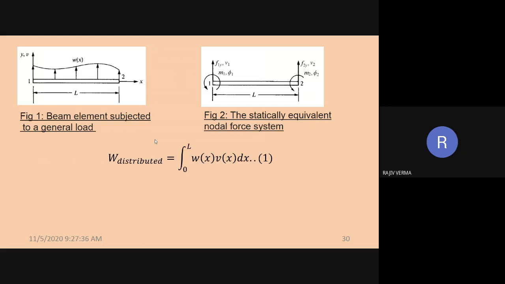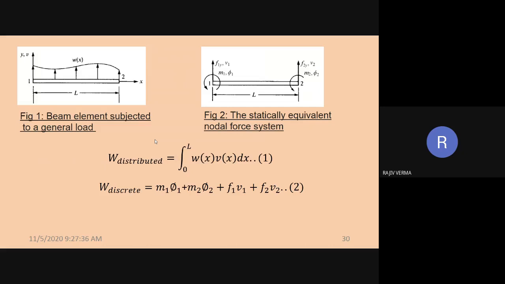But for finding the discrete work, that is the work done by the discrete loads acting at the nodes, we simply multiply the moment and the corresponding angular rotation. So we have two terms corresponding to moment multiplied by angular rotation and two terms corresponding to force multiplied by transverse displacement. This obviously is the discrete work.